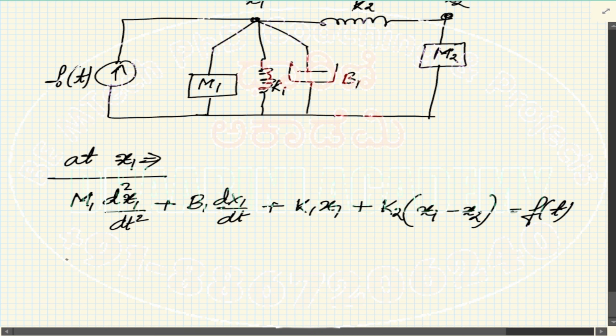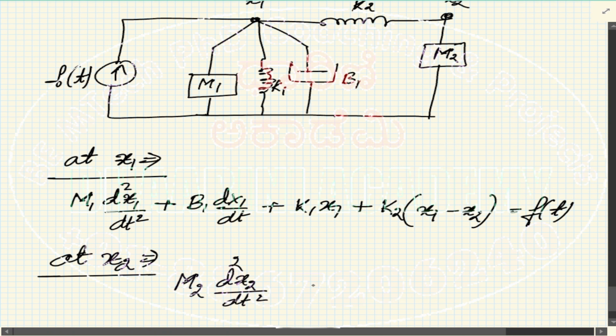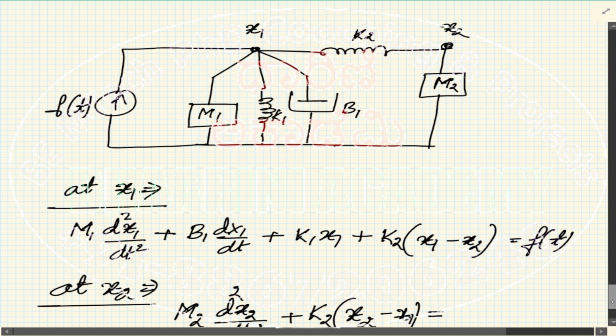Right. Similarly, let's write an equation at x2 now. So at x2, what happens? There is one mass, so that will be m2, and the displacement is x2. So d square x2 by dt square, plus again k2 comes into picture. Now the x2 is positive, x2 minus x1, is equal to, can you tell me what is there on the right hand side here?